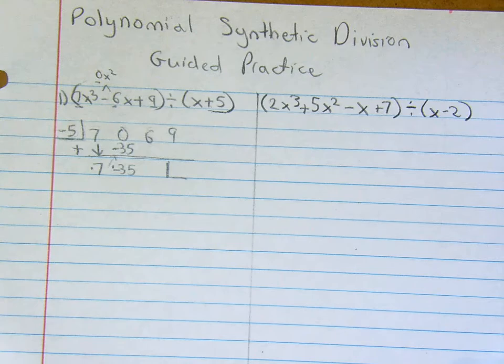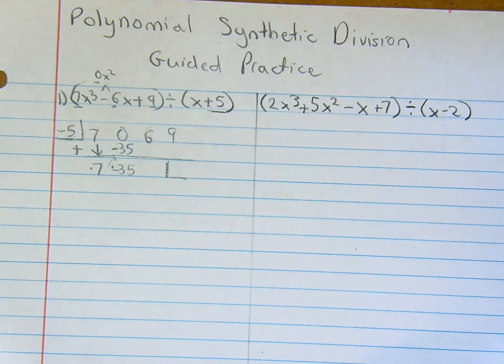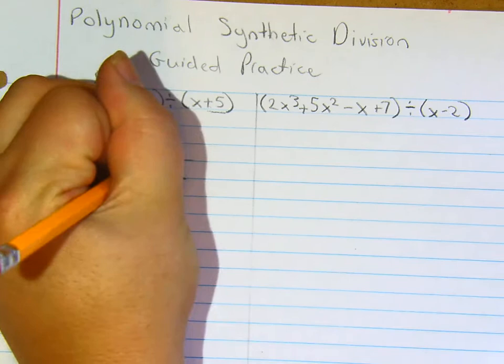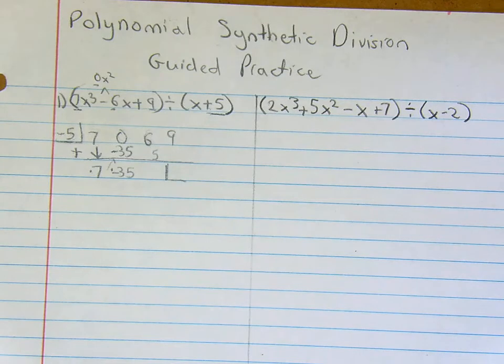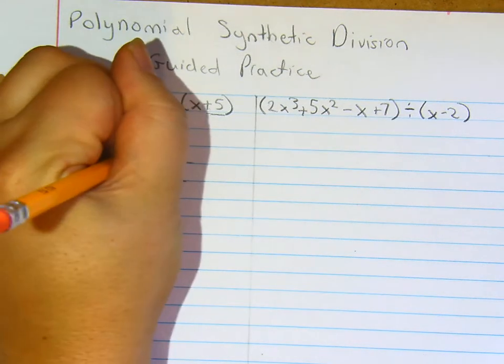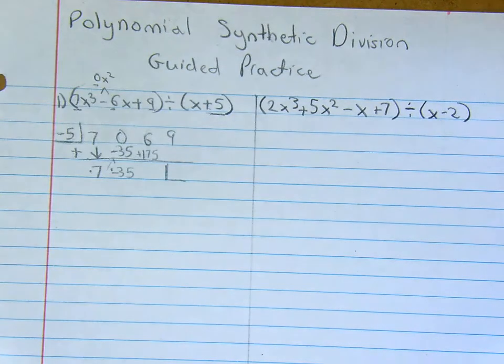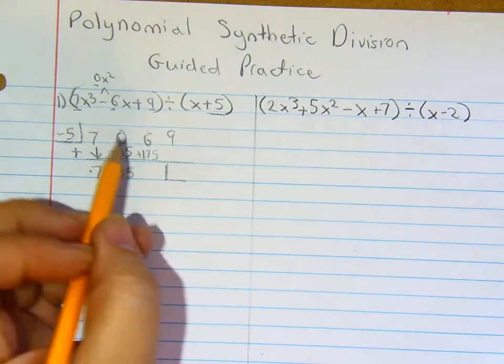And then I'm going to times that by 5, and we're going to get big here very quickly. So that times 5 is 175. And I put it there. And then I'm going to add.